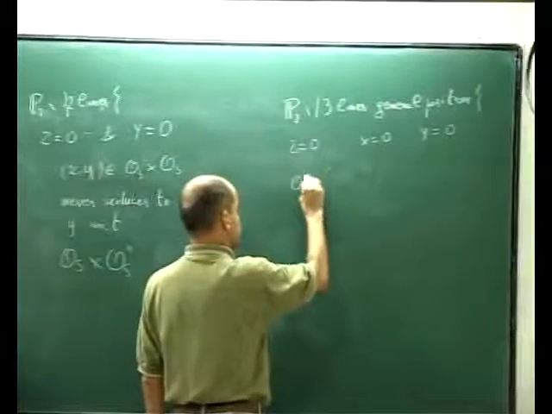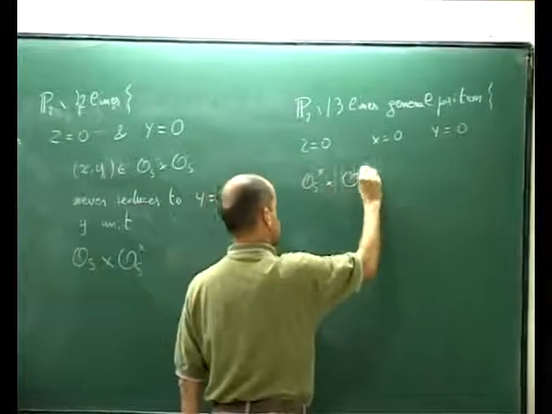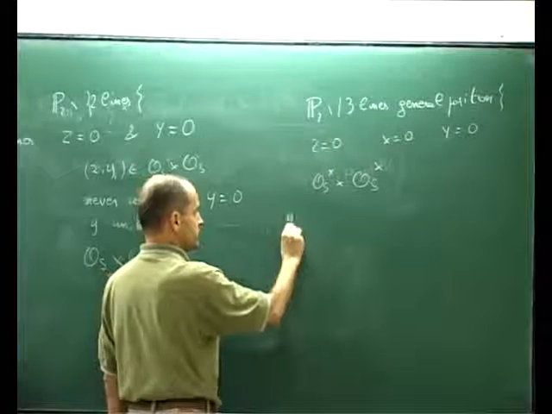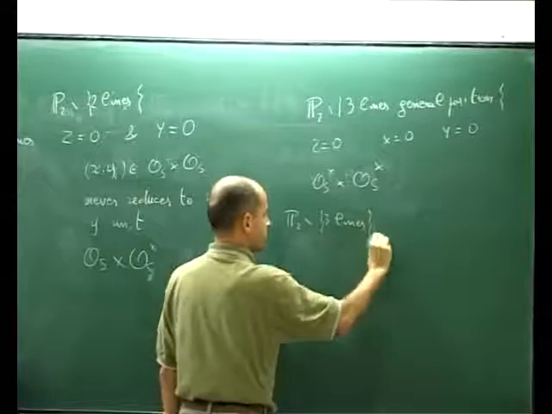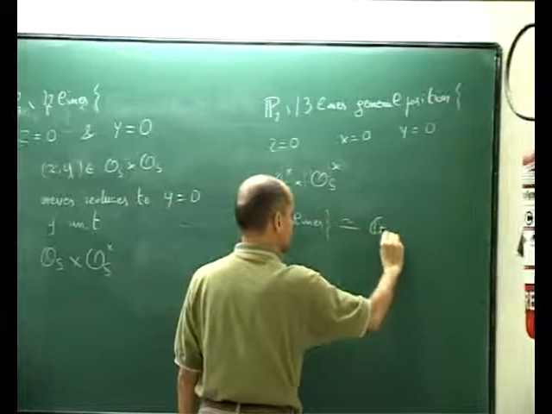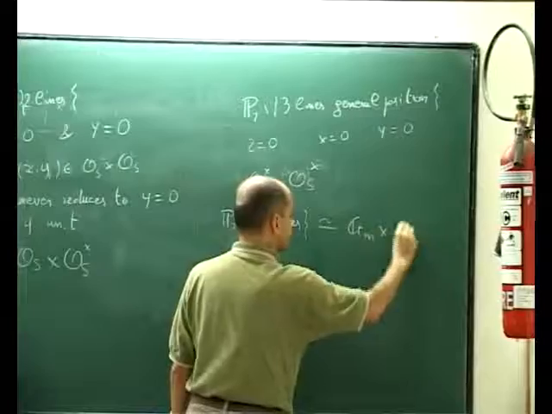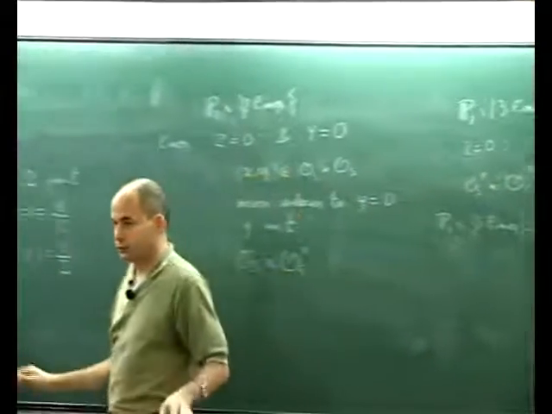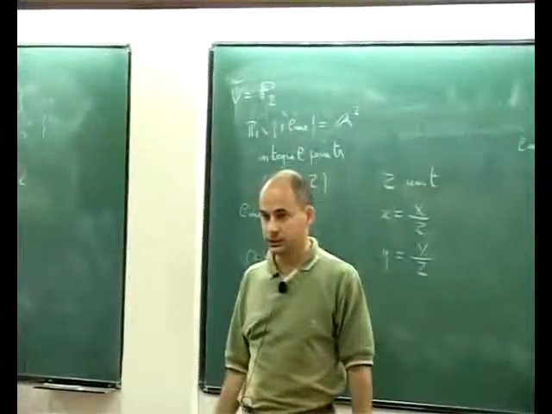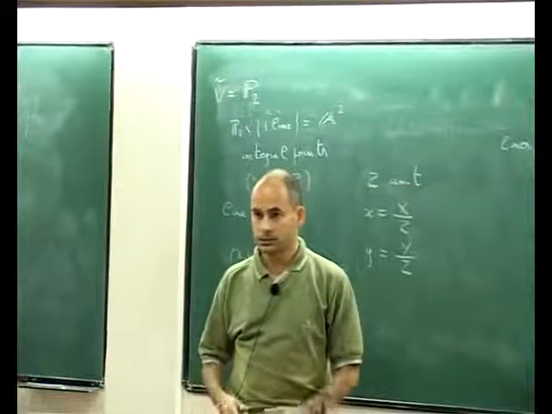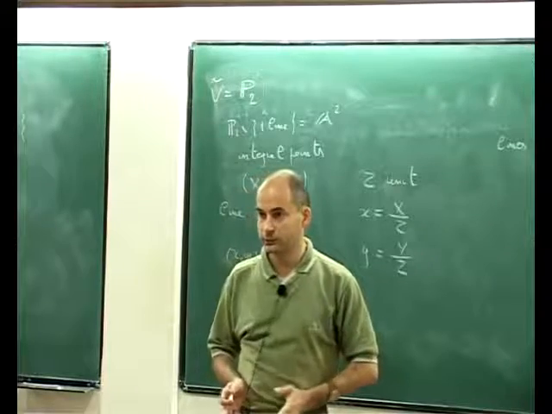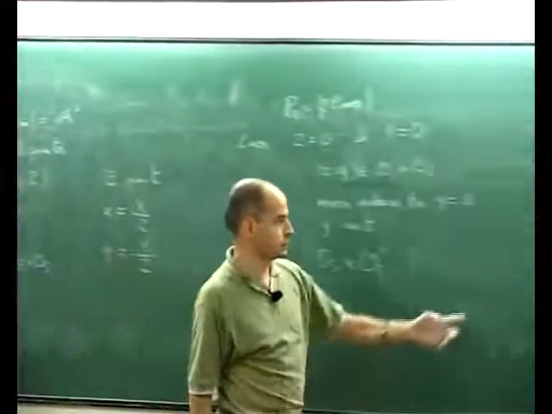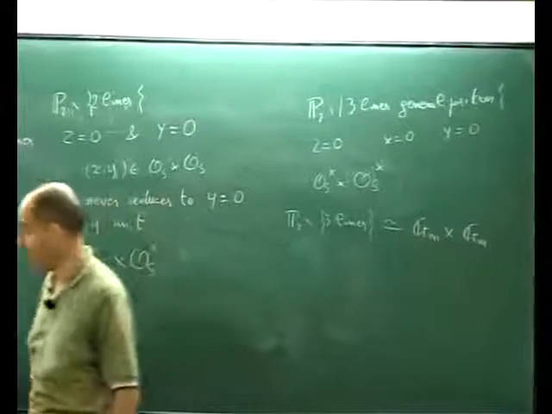We obtain OS cross times OS. And actually geometrically, P2 minus three lines in general position is isomorphic to Gm cross Gm. So if you remove the line at infinity, you obtain the affine plane. If you remove two more lines, suppose they are the coordinate axes, you obtain pairs of non-zero scalars, so Gm cross Gm. And now what happens?